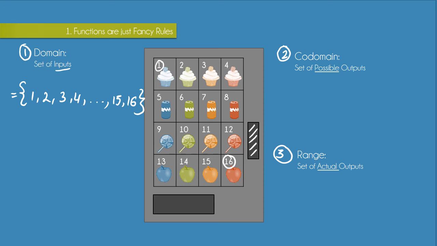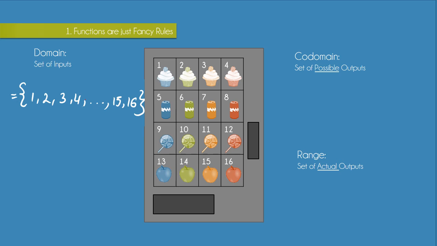So if it was a refrigerated vending machine, then you could sell chilled drinks or sandwiches, etc. But if the vending machine was not refrigerated, you wouldn't be able to sell those kind of goods. So the codomain is really just this kind of overall set of the possible outputs you can have in this function.